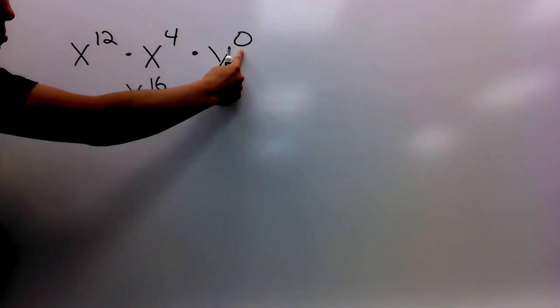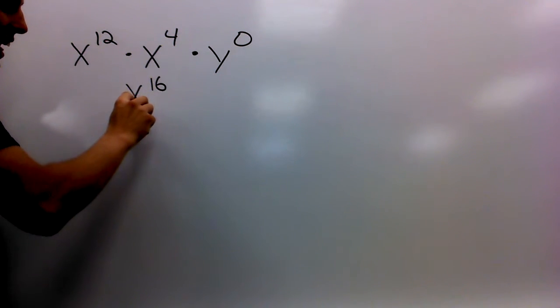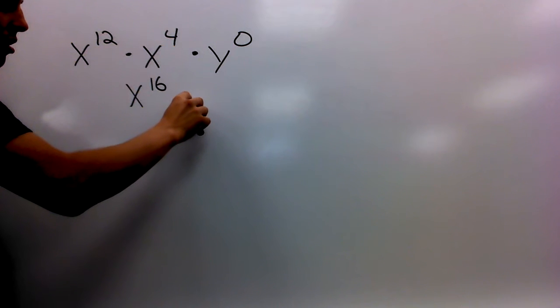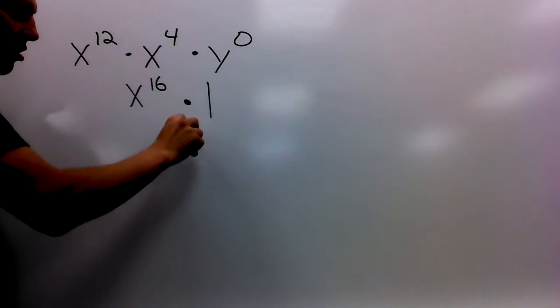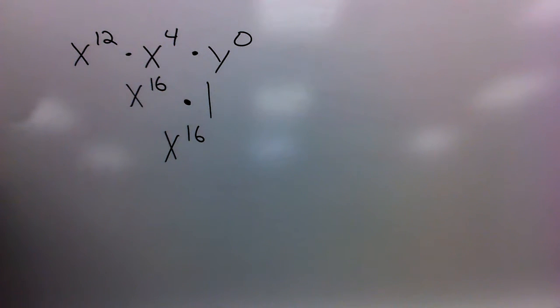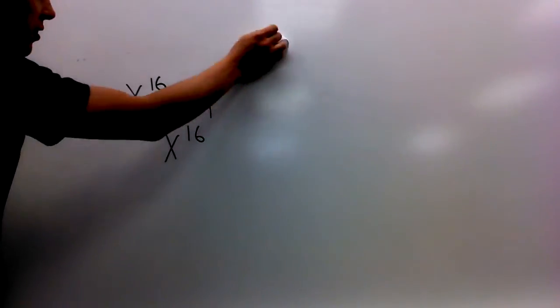Something you want to remember, anything to the 0 power is 1. So this is really x to the 16th times 1, which is really just x to the 16th. Easy? Yeah, I think so. Not too bad. Easy. First day.